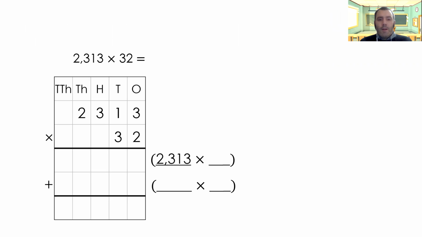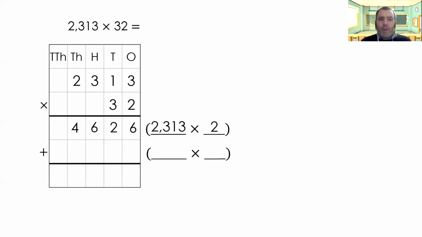Start off with 2,313 times 2. So we'll do that step first. 3 times 2 for 6, 2 times 1 for 2, 3 times 2 for 6, 2 times 2 for 4. Nice and easy. Second step is 2,313 multiplied by 30. Need to remember we put a 0 in the ones column.